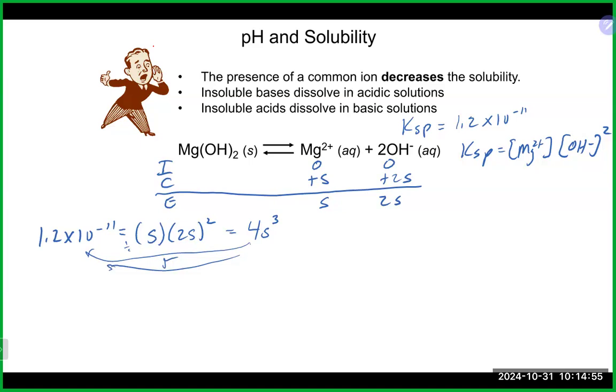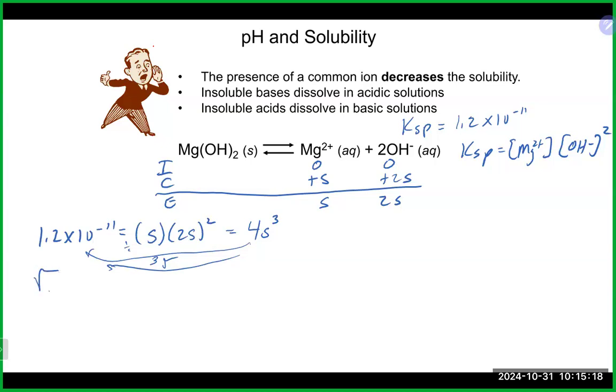So if we do that there, 1.2 to the minus 11 divided by 4, and then not square root, but take the cube root of it there. So we're going to take the cube root, which again on your calculator, you could either caret it, and take 1 divided by 3, which will give you the cube root. Or if you have that button that will do it for you, you could actually use the button that's on your calculator.